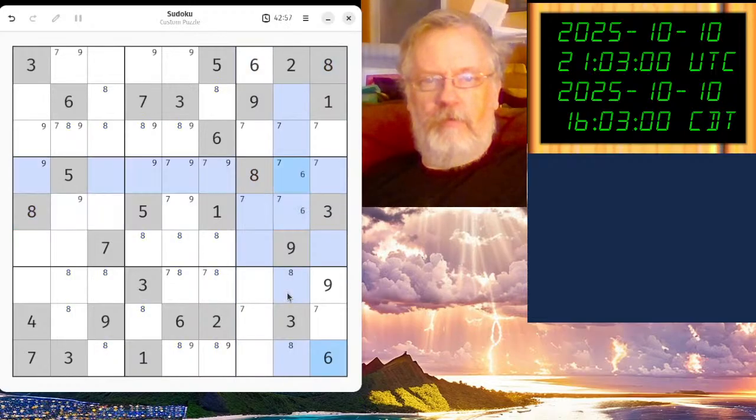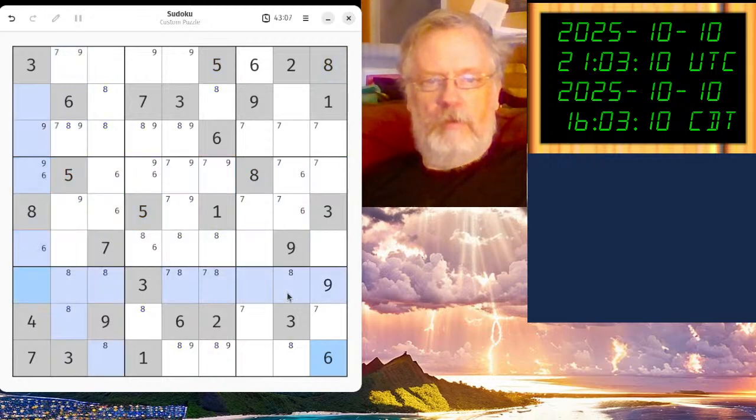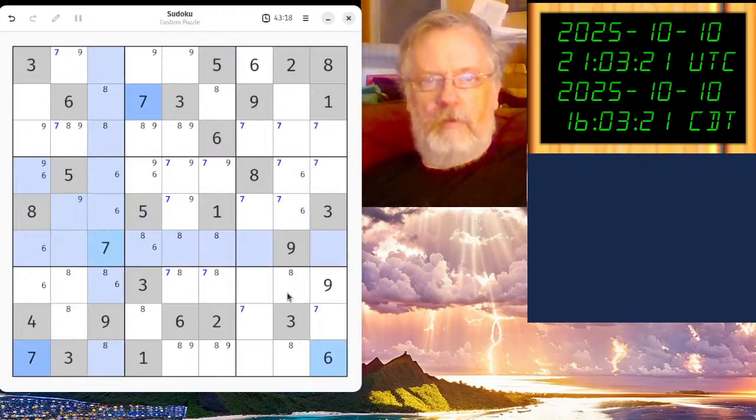One of these two will be a 6. One of these two is going to be a 6. I've got 4 possibilities here. 2 possibilities here. And that's it for 6s. 5s. We get 2 possible 5s here.